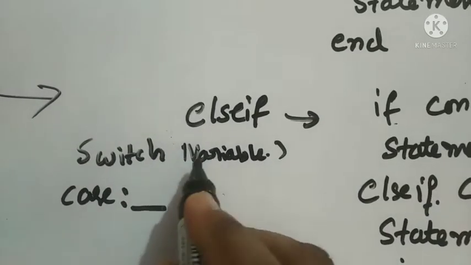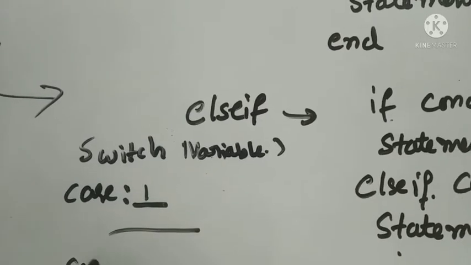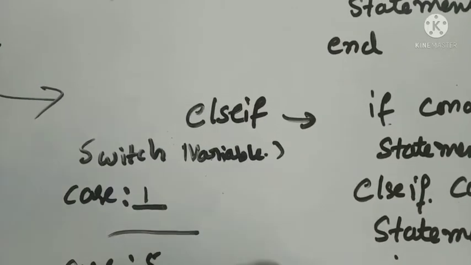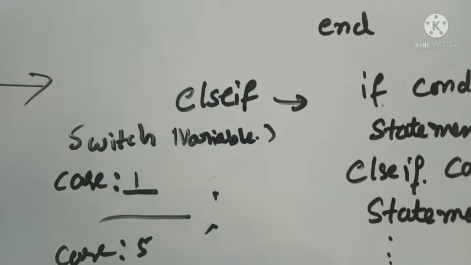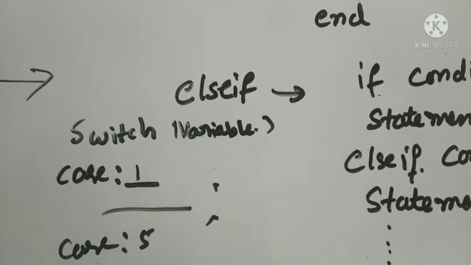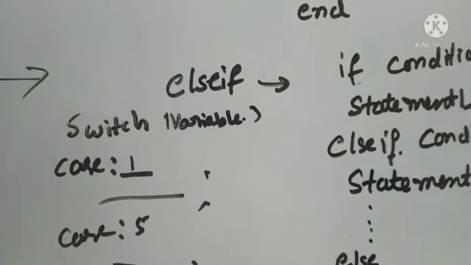If the value of the variable is 1, then what it has to do. If the value of the variable is 5, then depending upon the value of the variable, which statement should be executed should be written. Let us see an example of these things.